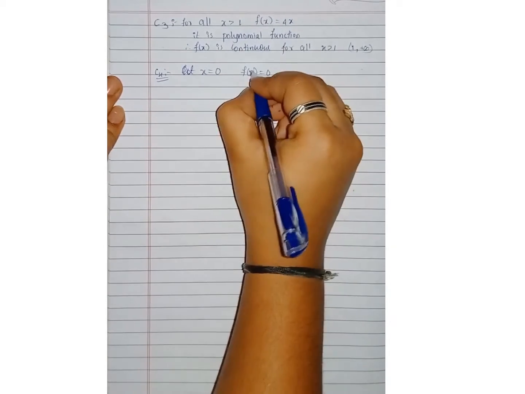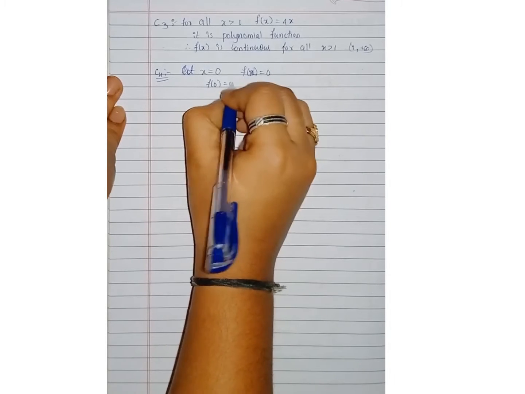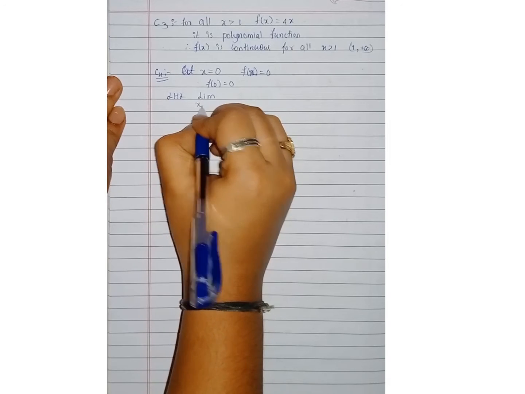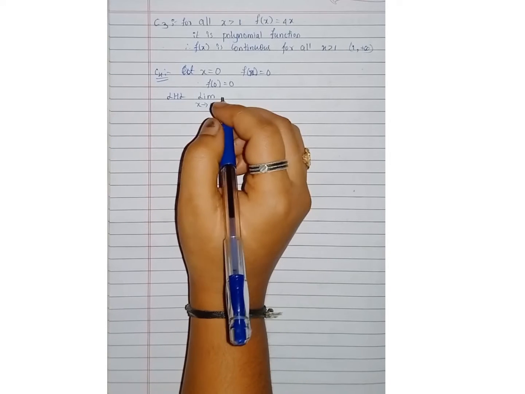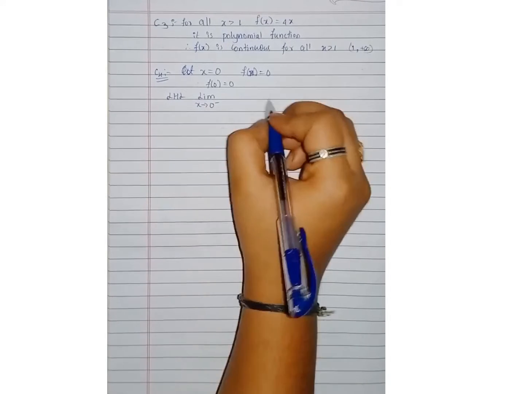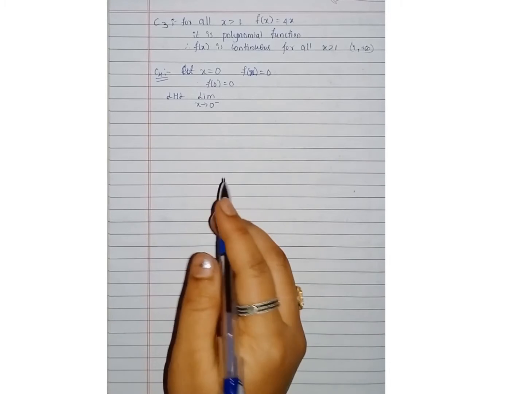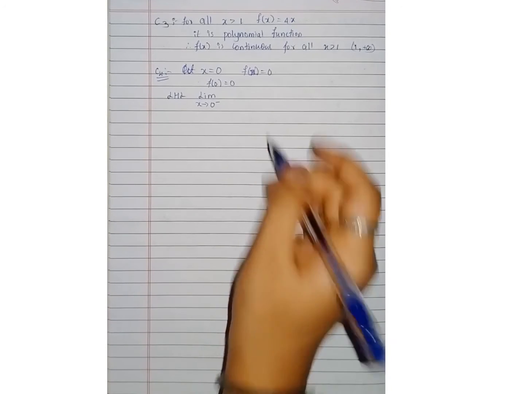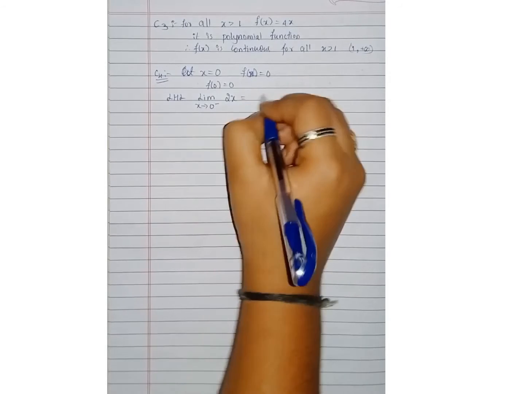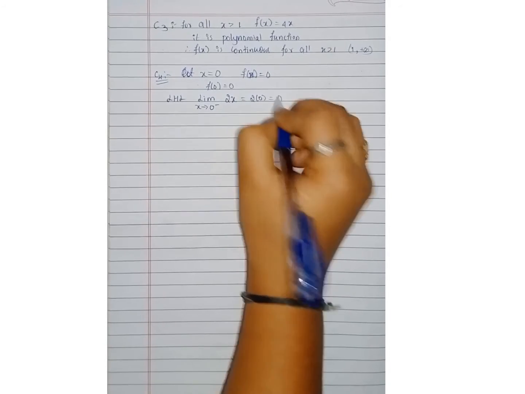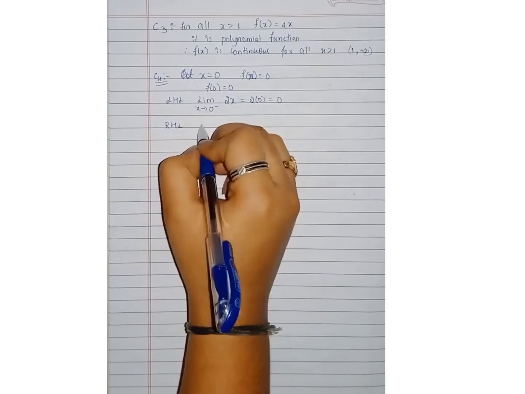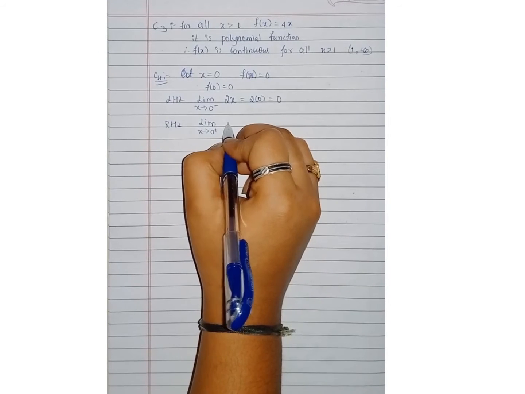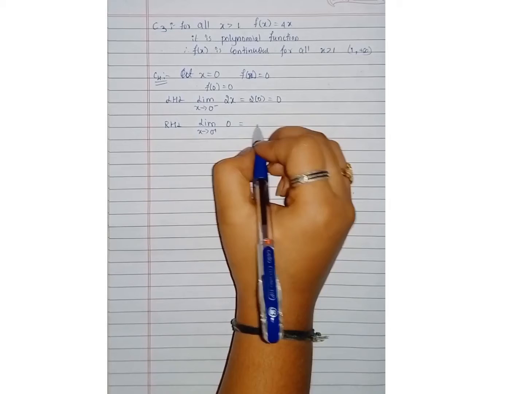So f of 0 is 0, and the left hand limit, that is the limit x tending to 0 from the left hand side, whenever x is less than 0, the function is 2x. 2 into 0 is 0. And now the right hand limit, the limit x tending to 0 from the right hand side, the function here is 0.